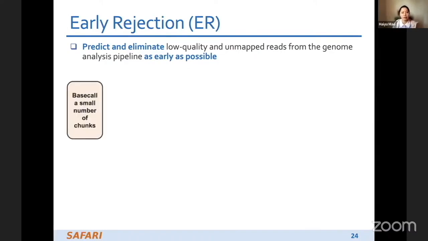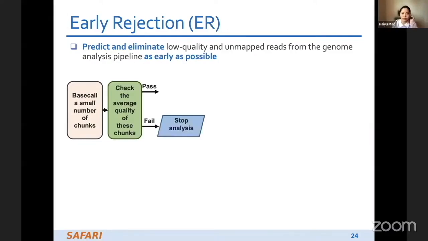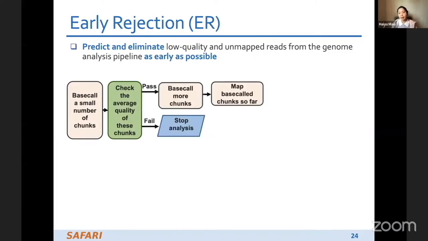Here is the flow of early rejection. First, we base call a small number of trunks, and then we check the average quality score of these trunks. If it fails, we stop the analysis. If it passes, we base call more trunks, map the base-called trunks so far to the reference genome, and check the mapping score. If it fails, we stop the analysis.